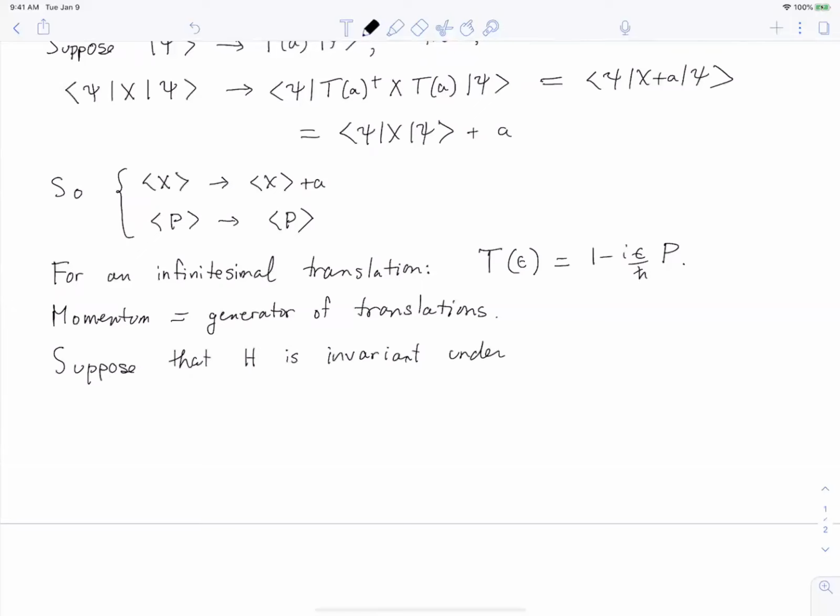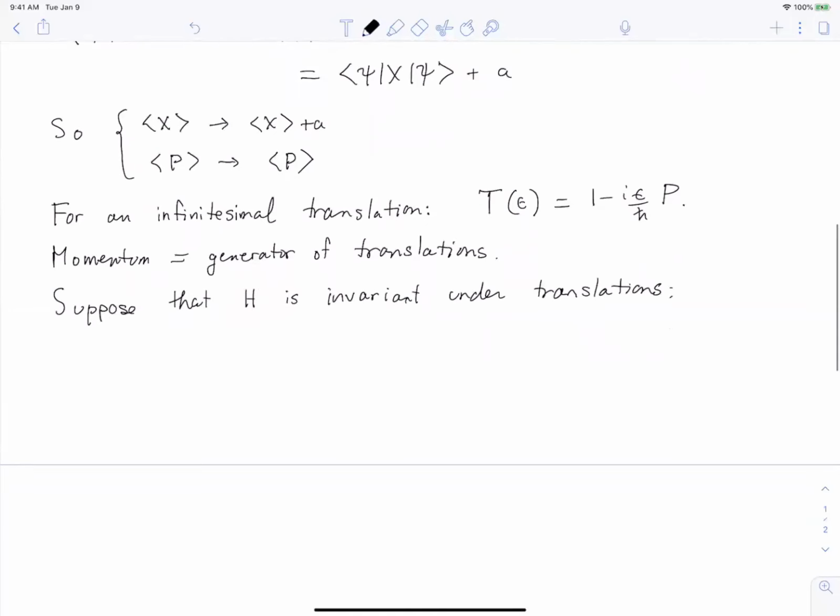An example of that is if the Hamiltonian is a free particle Hamiltonian, then that will be true. And if it's the free particle Hamiltonian plus any function of just momentum, then all those momenta just commute with the exponential. And so this would be an example where, yes, it's true.